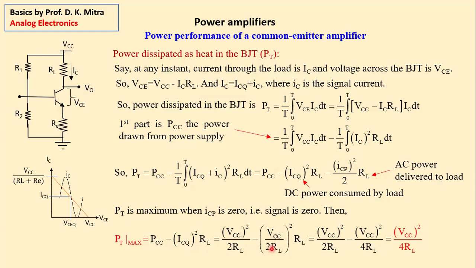It was actually VCC by 2 RL plus RE, but RE we have ignored. If we do this calculation, it is VCC square by 4 RL. That means the maximum heat power dissipated in the transistor is VCC square by 4 RL. So this was the power dissipated as heat in the BJT.